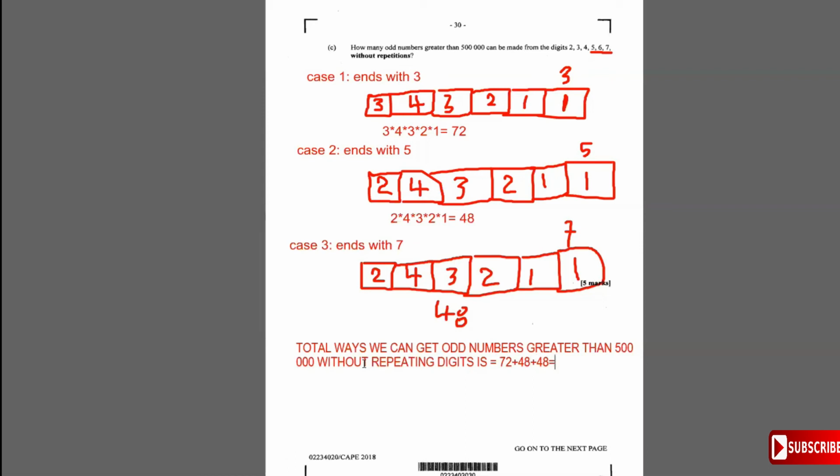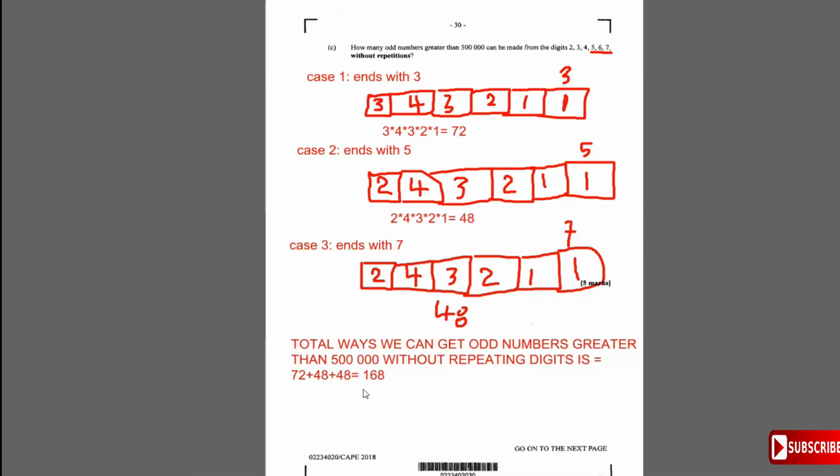Add those up, 72 plus 48 plus 48, we get 168. That's the total possibility. Nice and easy, soft.